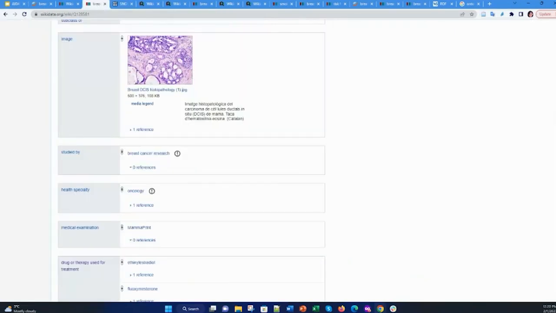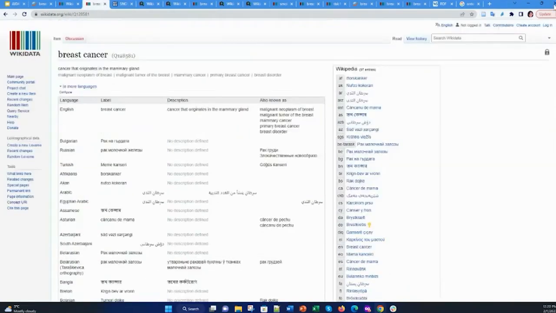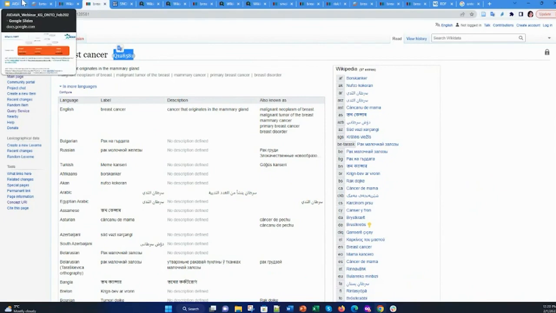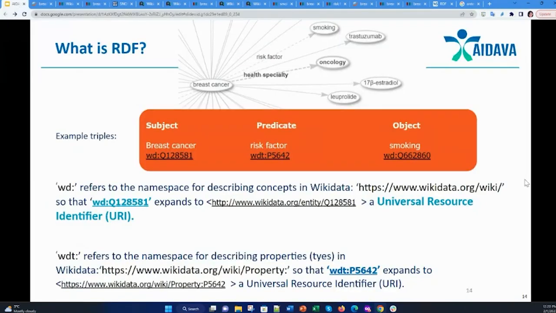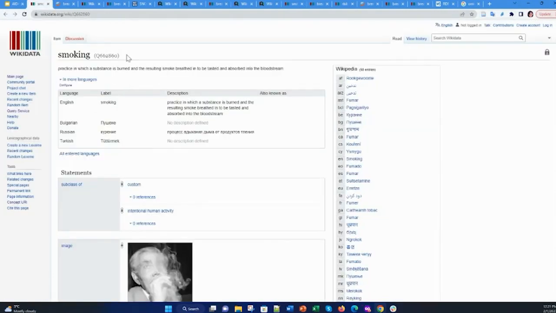Let's go back to Wikidata and see here we have this Q128581, which is the unique identifier for this concept in this knowledge graph Wikidata, in this knowledge base. Again, for smoking, we have a unique identifier, which is Q662860 for this knowledge base, which is Wikidata.